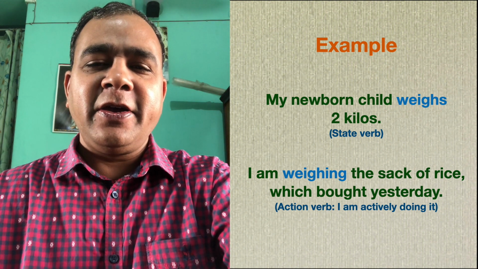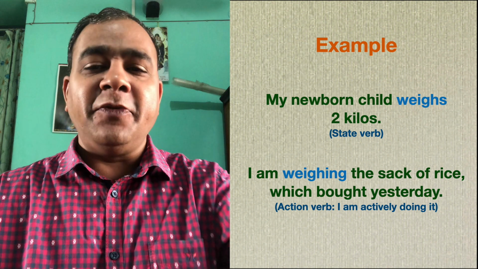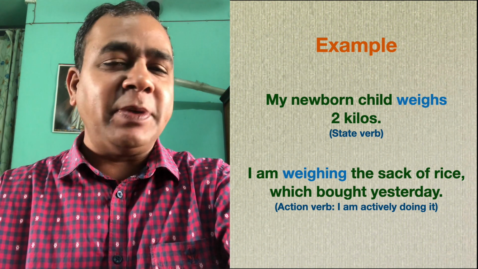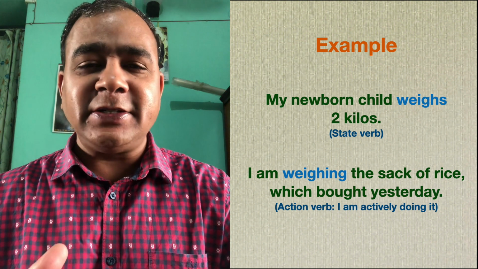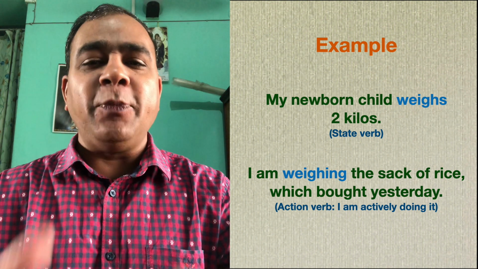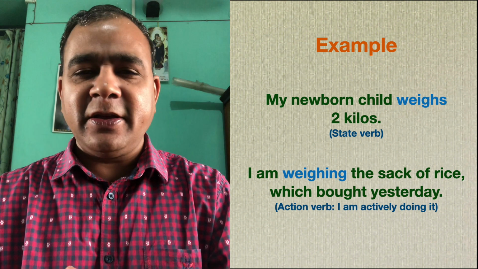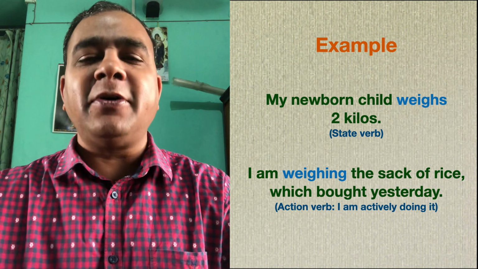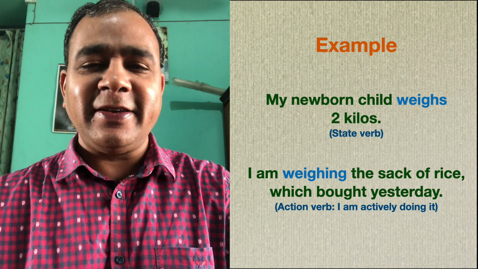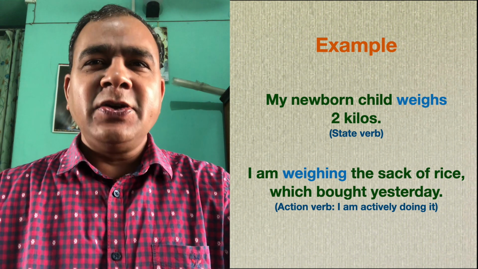Okay. Newborn child weighs, simple present tense. I am weighing the sack of rice that I bought yesterday. I am weighing. I bought a sack of rice yesterday, and to check whether it is correct, I am weighing it. Okay, that's I am weighing, continuous tense.